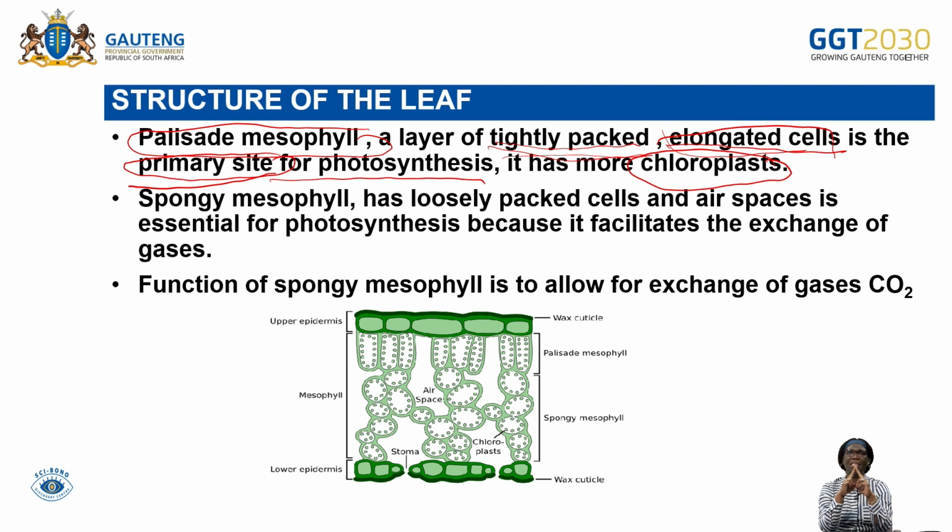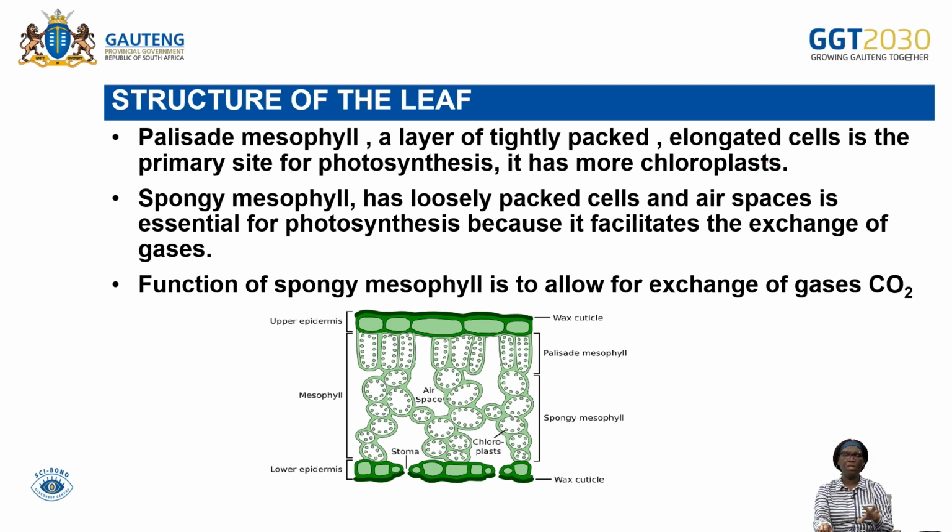Photosynthesis takes place in two phases: the light-dependent phase and the light-independent phase. The palisade mesophyll is known as the primary site because the light phase of photosynthesis takes place in it.